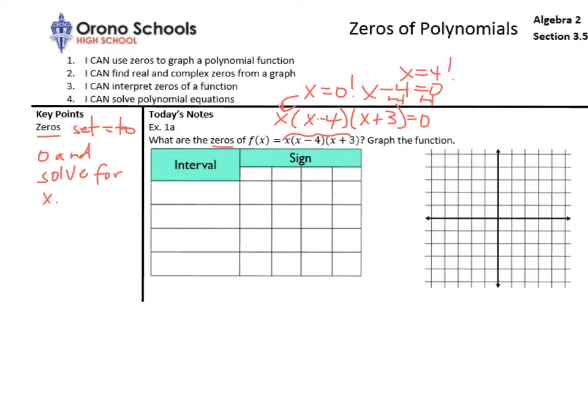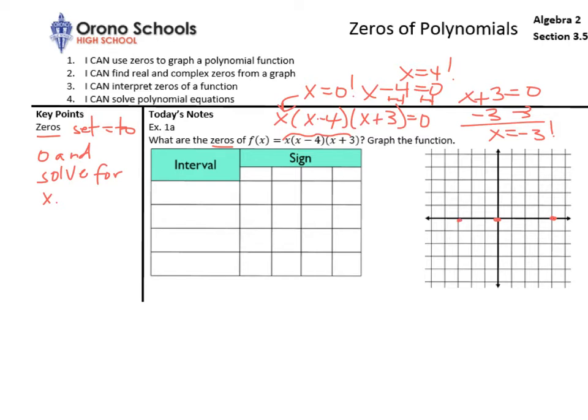There's a second 0. And then lastly, if we have x plus 3 equals 0, subtract 3, and there's our third 0. We have 3 distinct zeros on our coordinate system. Let's plot those on the x-axis at 0, at positive 4, and negative 3.